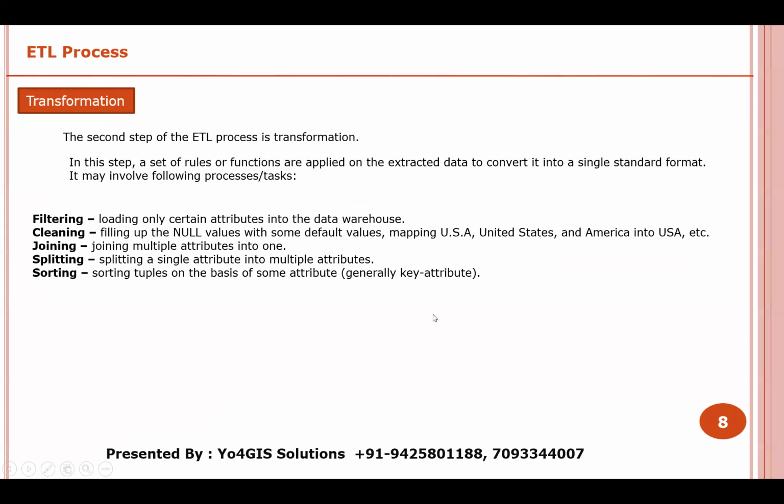The processes involved in the transformation are filtering, cleaning, joining, splitting, sorting. Sometimes let's suppose you have one polygon feature, and you want to transform it into different feature classes. In one feature class you want to keep the polygon, in one you want to keep all the vertices, and in one you want to keep lines.